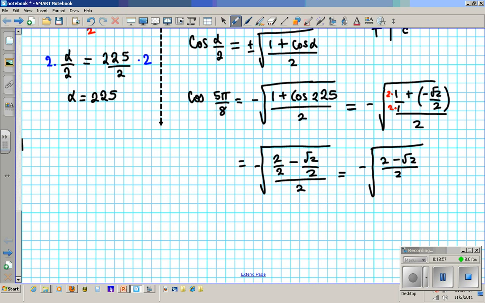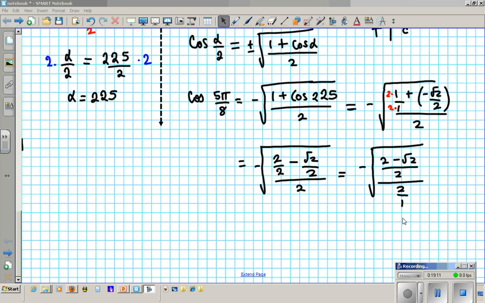over 2 over 2. Since the numerator is a fraction, we might as well express the denominator as a fraction. So I put a 1 here. 2 over 1 is the same thing as 2. I have not changed the denominator, I just put it over 1. So let's see, what does that yield?